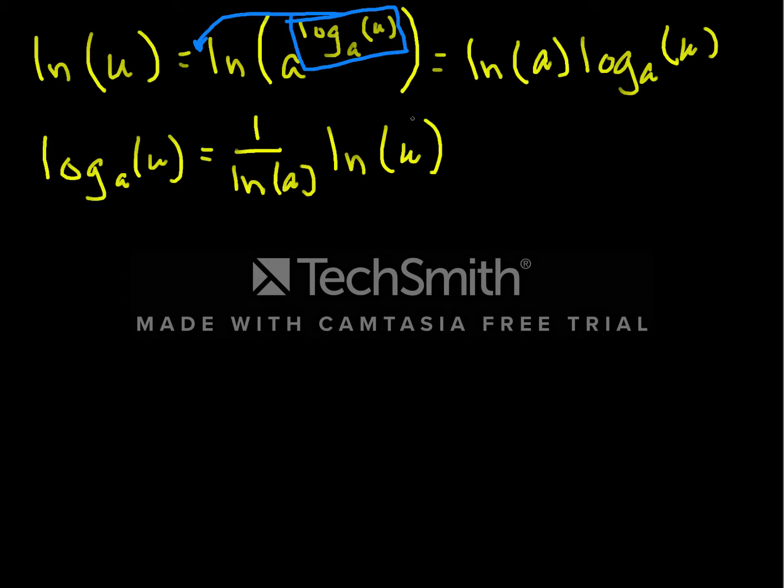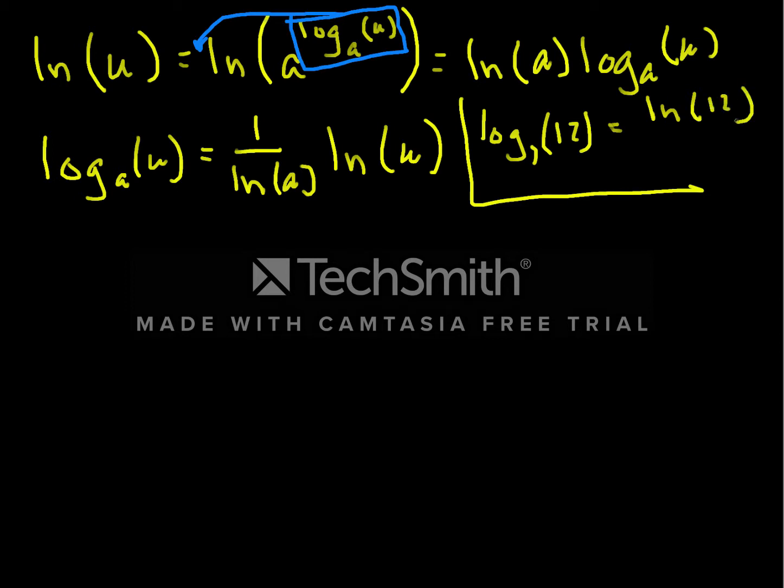So if I want to know log base 7 of, say, 12, I could put in my calculator the natural log of 12 divided by natural log of 7. And this is why calculators don't have every single base on them, because you don't need it. All you need is the natural log, though a lot of calculators have base 10.